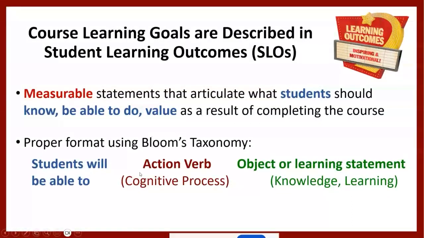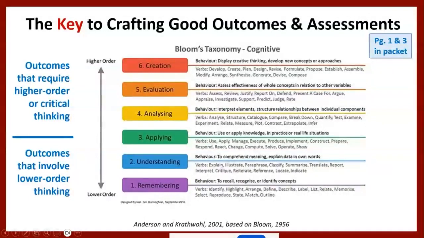So this way of developing this learning outcome, good learning outcomes, use this structure, and the action verb comes from something called Bloom's taxonomy. And so Bloom's taxonomy, I'm not going to go into detail here. If you're interested in more, I can give you some resources as well as some webinars that I've given that are more detailed on it.